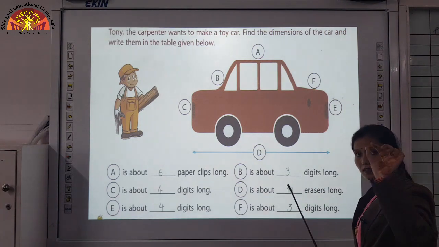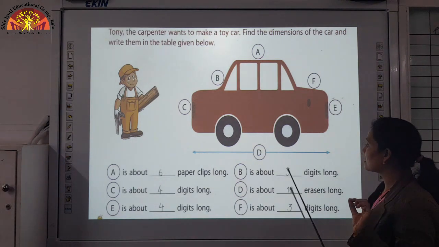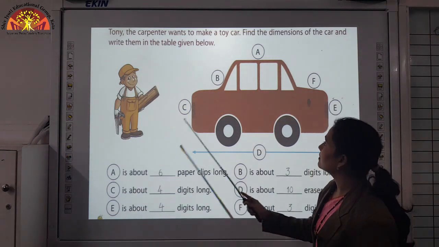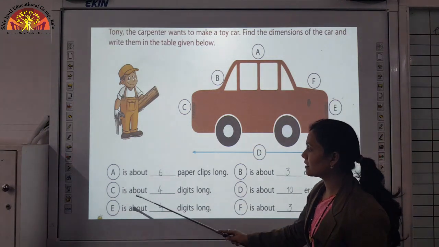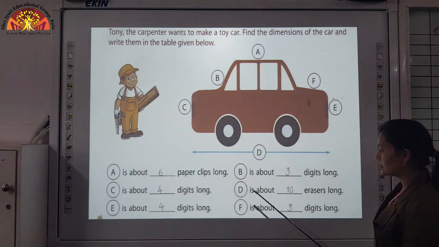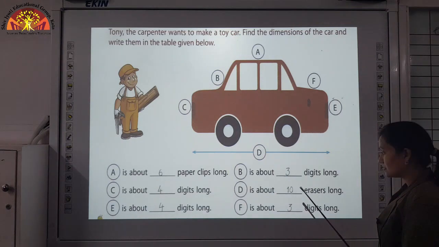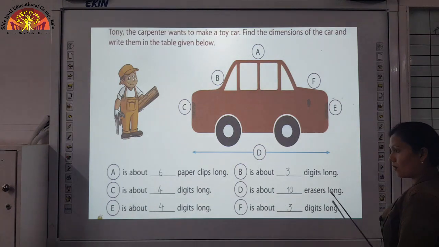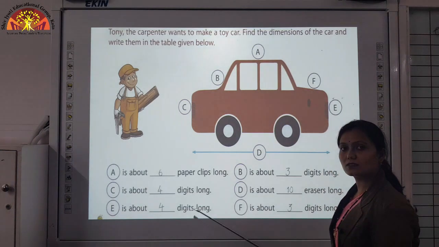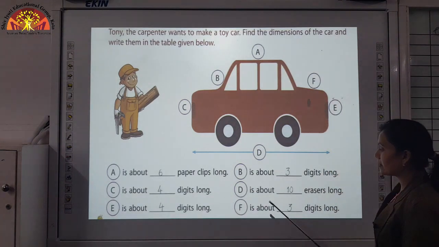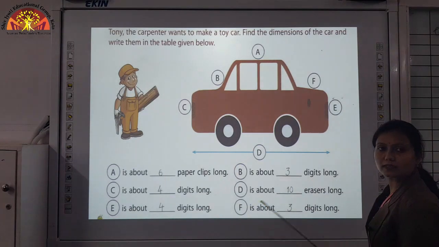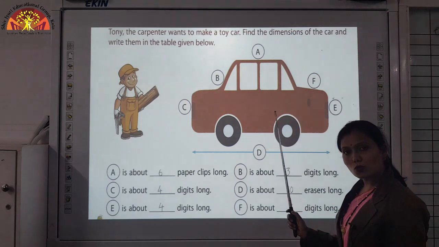So what is a digit? This is a digit. So B is about 3 digits long. C, this one, is about 4 digits long. D is about 10 erasers long. E is about 4 digits long. F is about 3 digits long. So these are the dimensions of this toy car.